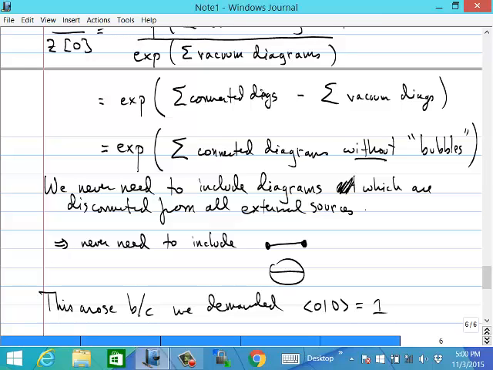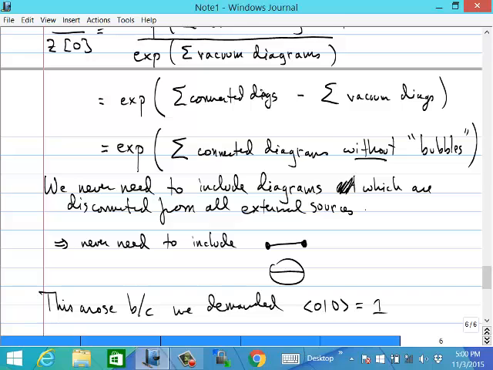Good. So we just got rid of an infinite number of possible Feynman diagrams that we had to worry about. You never have to worry about these vacuum diagrams. I'm about to get rid of another infinite class of diagrams, but before I do so, let me pause and see if there are any questions.